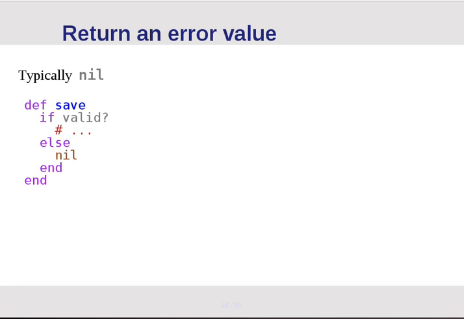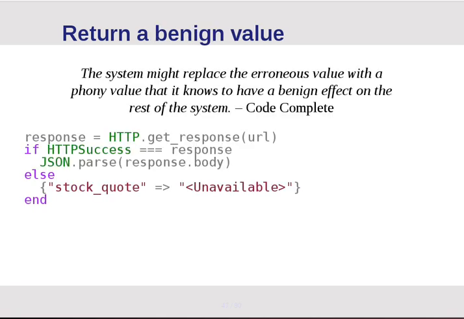Another way to handle it, a variation on this, is to return some kind of benign value that will work for the caller, but doesn't represent real data. So here's an example of calling some kind of stock quote service, and if it was unavailable, we just dummy up some data.